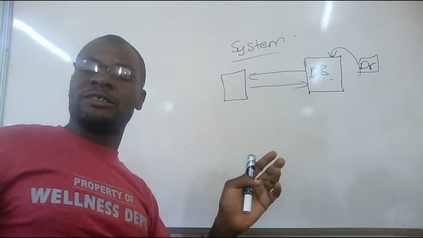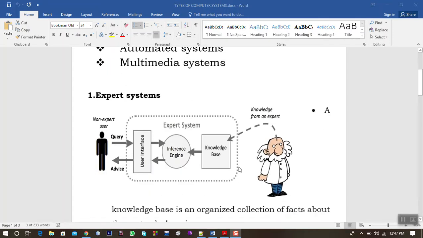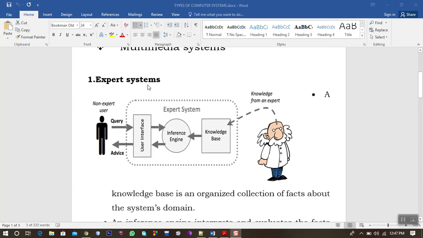To illustrate this graphically, I have this image. This is an expert system. There is a user, and this is the user interface. On the far end, there is a knowledge base. So the knowledge of this man here, the doctor or the professor, we extract. He tells us all he knows about medicine, and if he's the doctor, then we are going to put that into the database of the system.